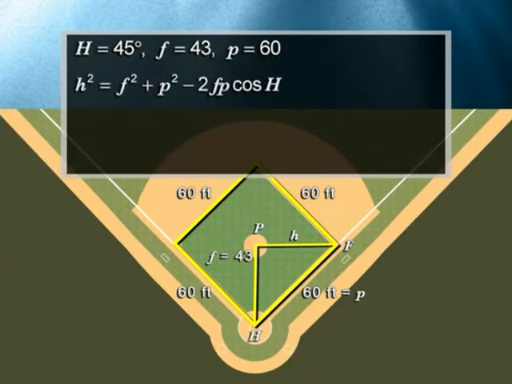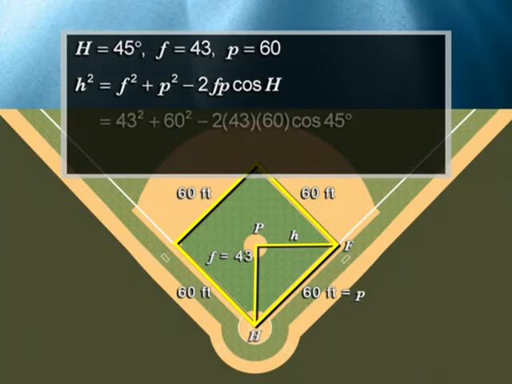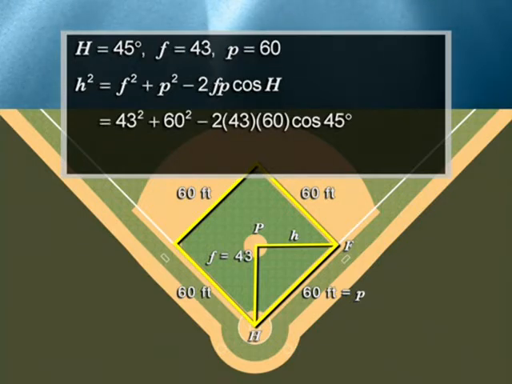Here we go. H squared, that's what we're trying to find, is f squared plus p squared minus 2fp cosine H. So it's 43 squared, because f is the distance from the home plate to the pitcher's mound, plus 60 squared, that's the distance from home plate to first base, minus 2 times 43 times 60, I'm just doing the law of cosines, times cosine of the included angle, and that angle was 45 degrees.